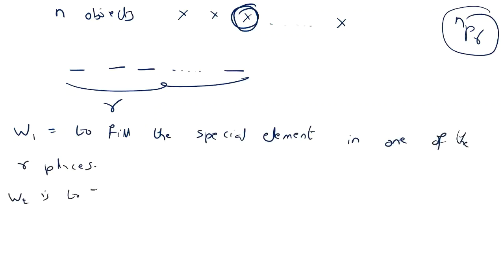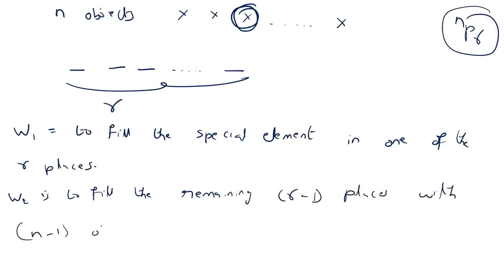W2 is to fill the remaining r minus 1 places with n minus 1 objects.